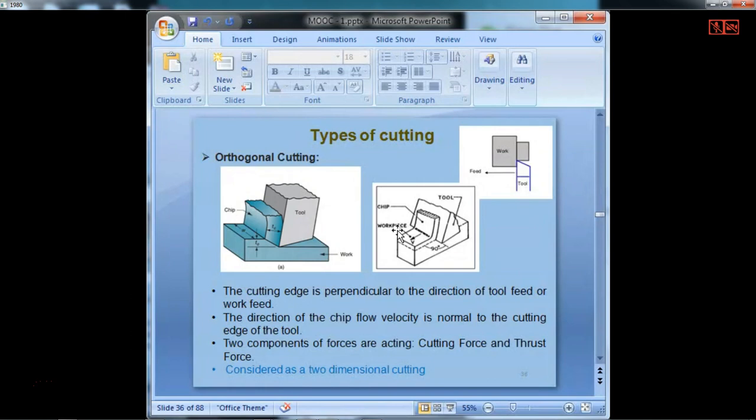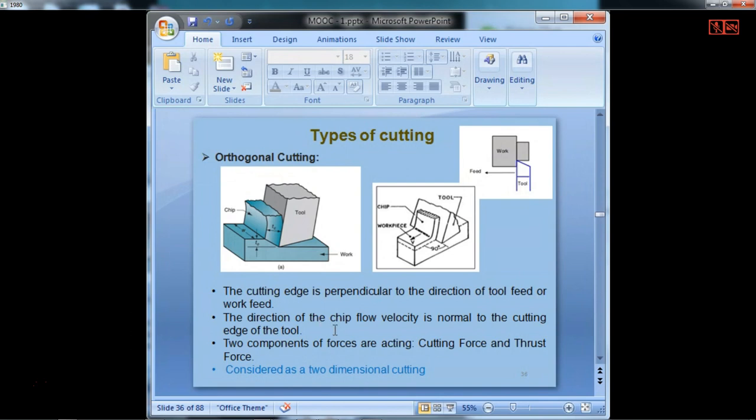Here we see the workpiece, and this is 90 degrees. So the angle between the cutting edge and the axis along the workpiece in which the tool is moving, the inclination of the cutting edge to that axis, is 90 degrees. When it is 90 degrees, it is called orthogonal cutting.